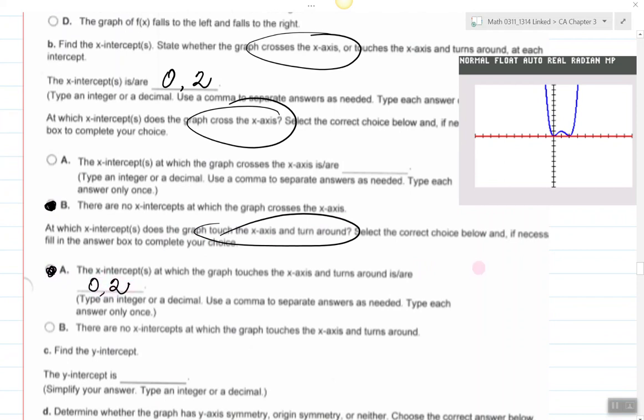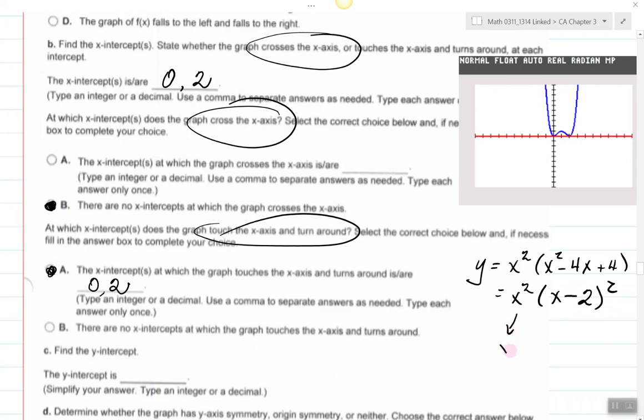If you had this graphed, it would look like f of x is equal to x squared times x squared minus 4x plus 4, which means it would be x squared times x minus 2 quantity squared.